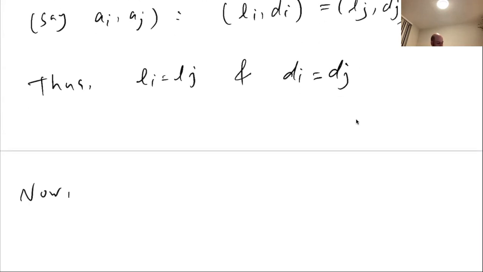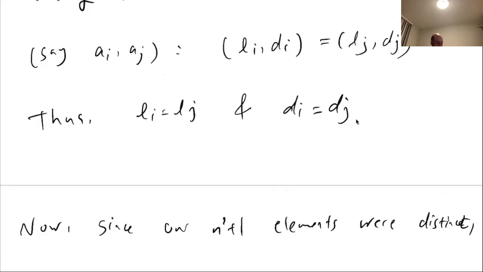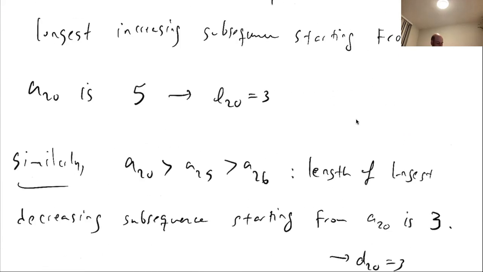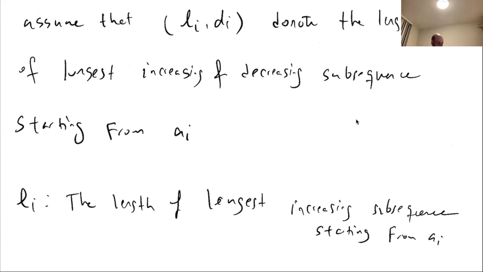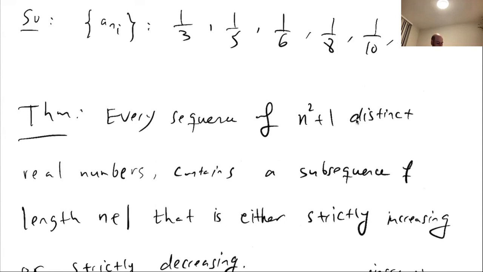Now, since our n squared plus 1 elements were distinct, remember our assumption was that we have n squared plus 1 distinct real numbers. That was the original assumption of the theorem: every sequence of n squared plus 1 distinct real numbers.